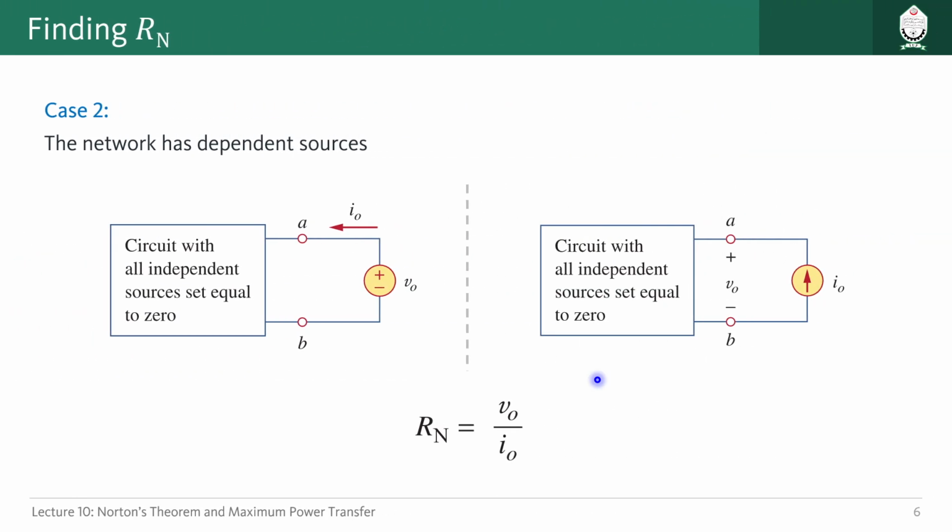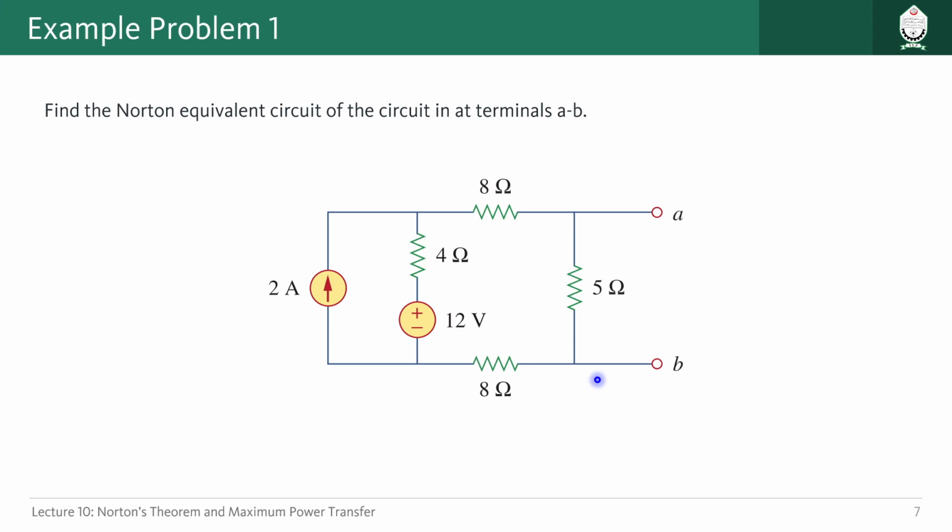Before discussing case 2, which has dependent sources in it, let us first solve one example following case 1. We have this example problem 1 here. We will try to solve this one. This is our circuit. We have to find the Norton equivalent circuit of this circuit at terminals A and B. Generally, we can have different resistors or different loads connected here.